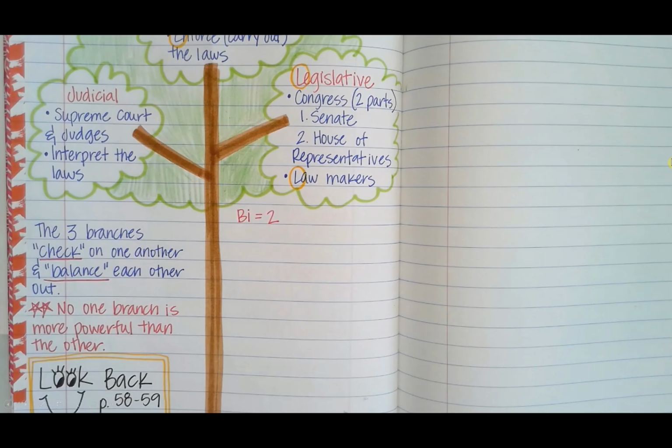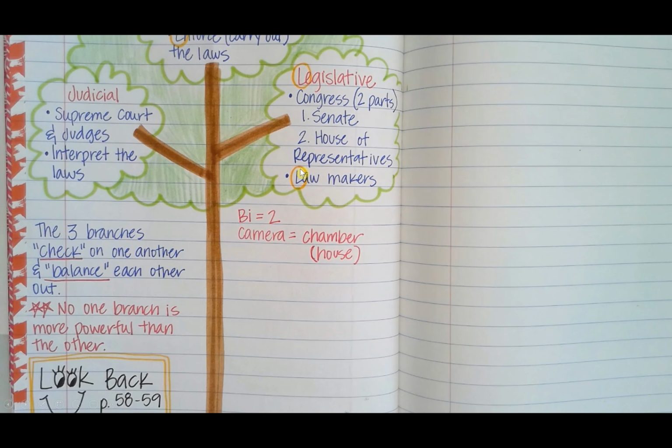Over here now on the right side of our tree, underneath our tree, I want you to put the word by. The word by means two, just like a bicycle has two wheels, two tires, right? Bicycle, two, by. Then I want you to write camera. Camera means chamber or house.